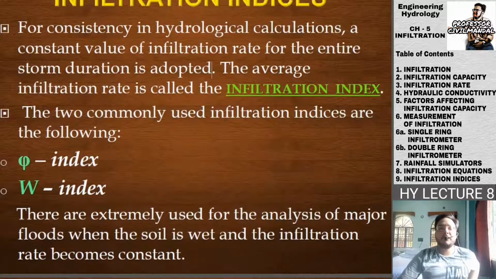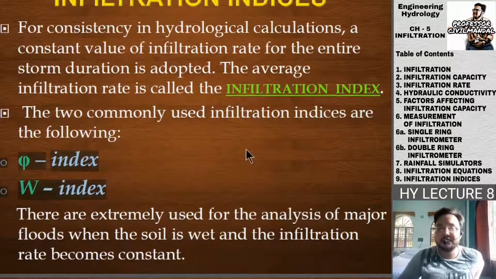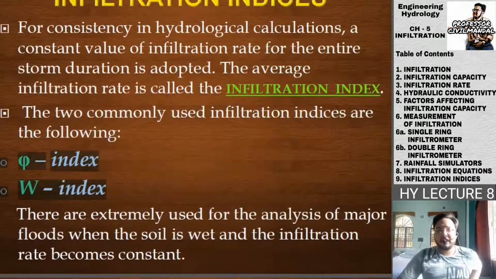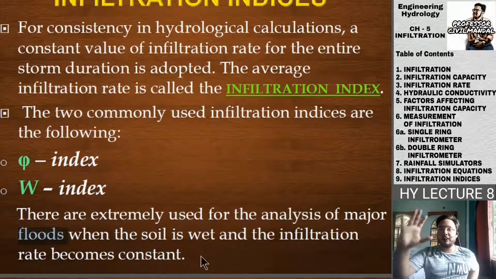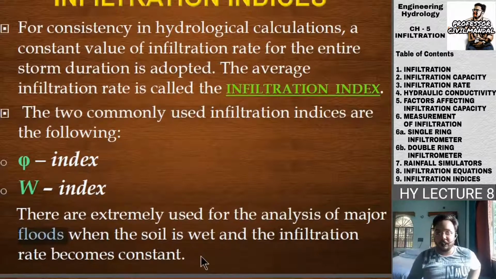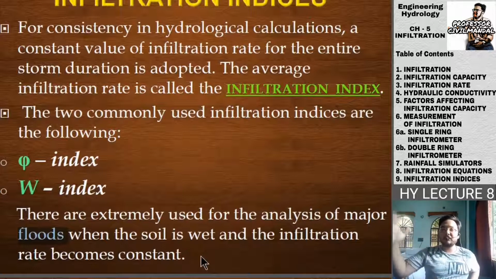Phi index and W index are the two different infiltration indices, and they are extensively used for the analysis of major floods when the soil is wet and the infiltration rate becomes constant. So now you are able to know the use of this phi index and W index. Whenever you are going to analyze a particular flood, as to when the flood will be coming is a separate thing.